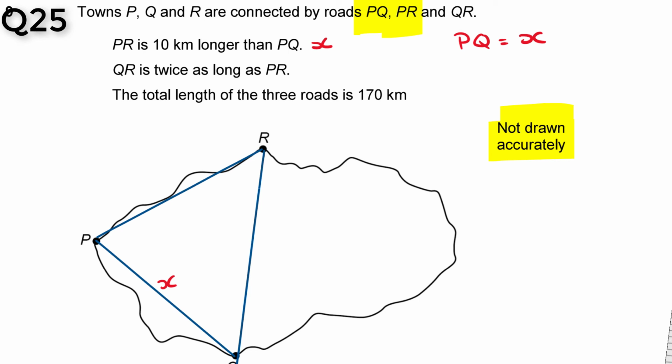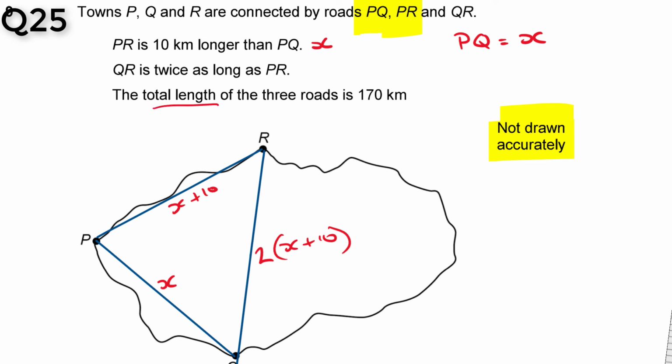That makes PR x plus 10. And we're told that QR is twice as long as PR. So PR is x plus 10, so QR is twice that. So it's 2 lots of x plus 10.